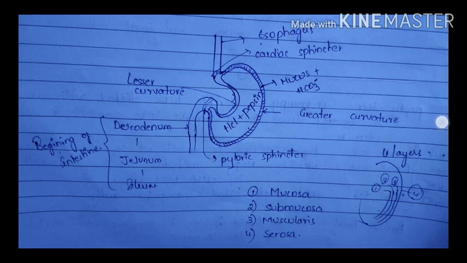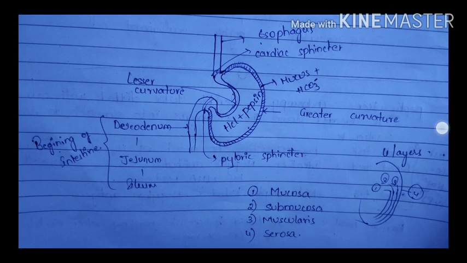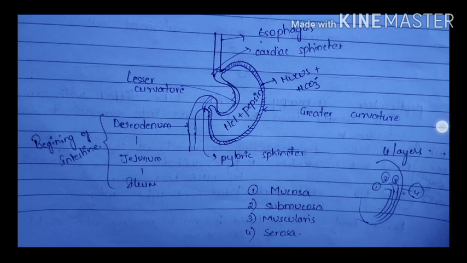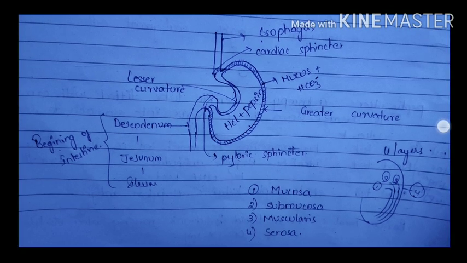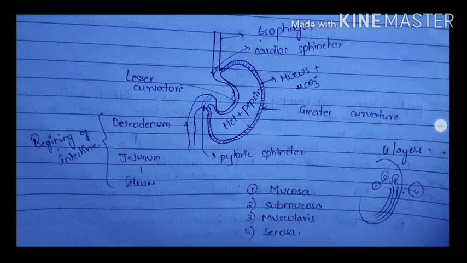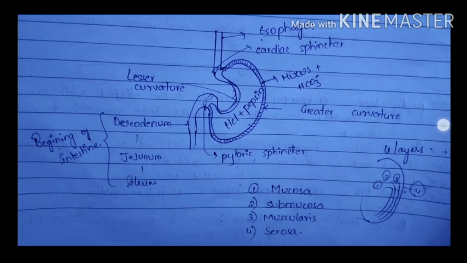An ulcer occurs when there is an imbalance between the aggressive factors and defensive factors. What are they? HCl, pepsin and gastrin are the aggressive factors, and bicarbonate and mucus, which protect our body, are the defensive factors.